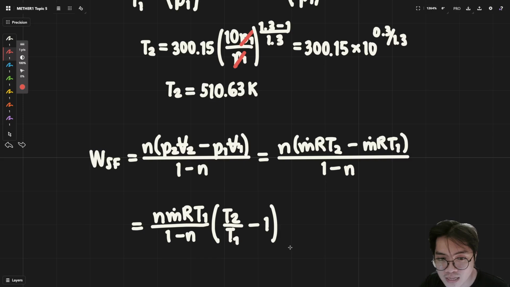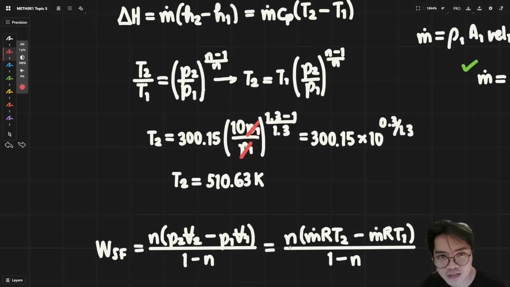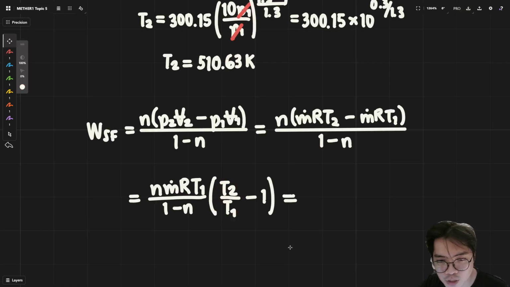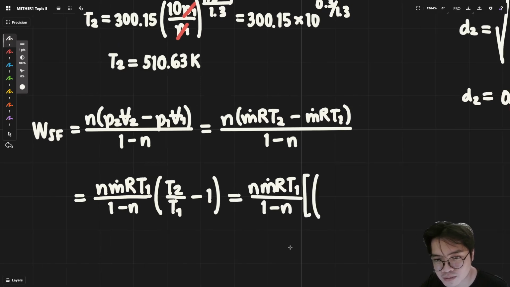What do you mean? Where else have we seen this before? It is here. Or sorry, here. So, what we're seeing in here is that we can substitute them and we will get n times m dot times RT1, right? All over 1 minus n times ((P2 over P1) raised to (n minus 1) over n, minus 1).